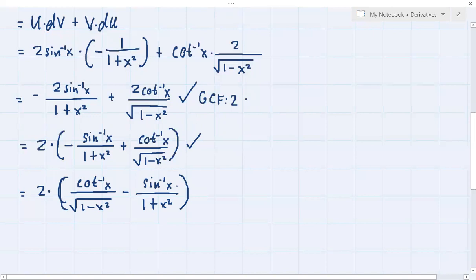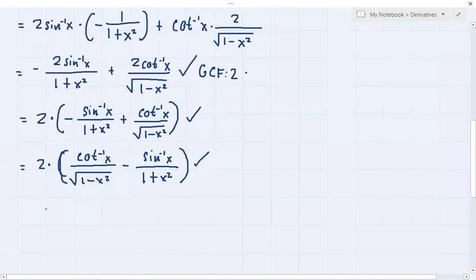Or, we can still simplify this one, since we can make it into a whole fraction because they are two fractions, with the application of the butterfly technique. So we can cross multiply first: arccotangent x times 1 plus x squared, which becomes the quantity 1 plus x squared times arccotangent. Then next, copy the operation between them, which is the minus.